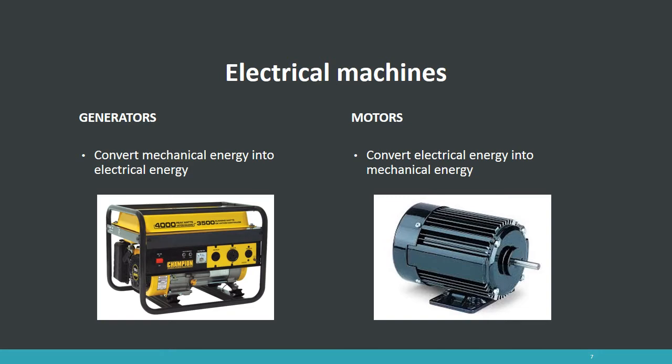I'm quite sure you guys are familiar with this picture when you go camping, and usually people use this to generate electricity. Another thing is motors. Motors basically take the electrical energy as an input, then convert it into mechanical energy for rotating machineries.